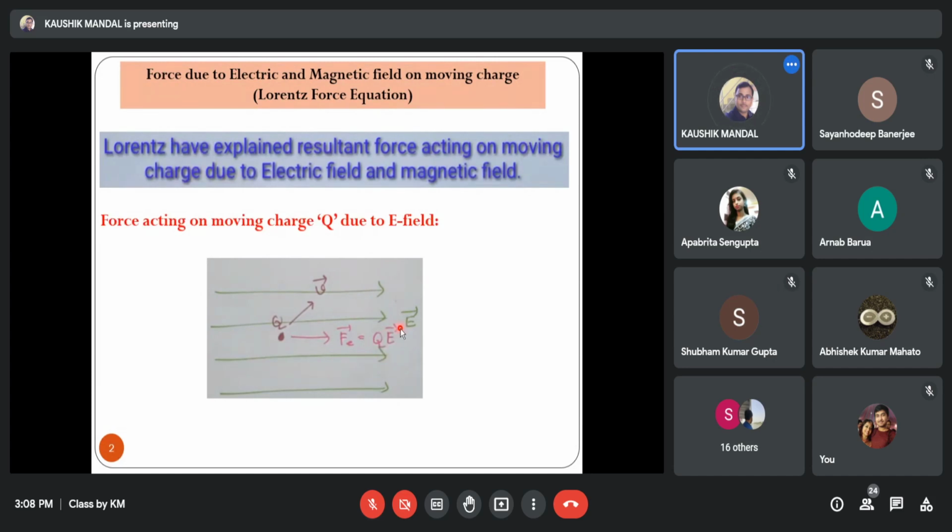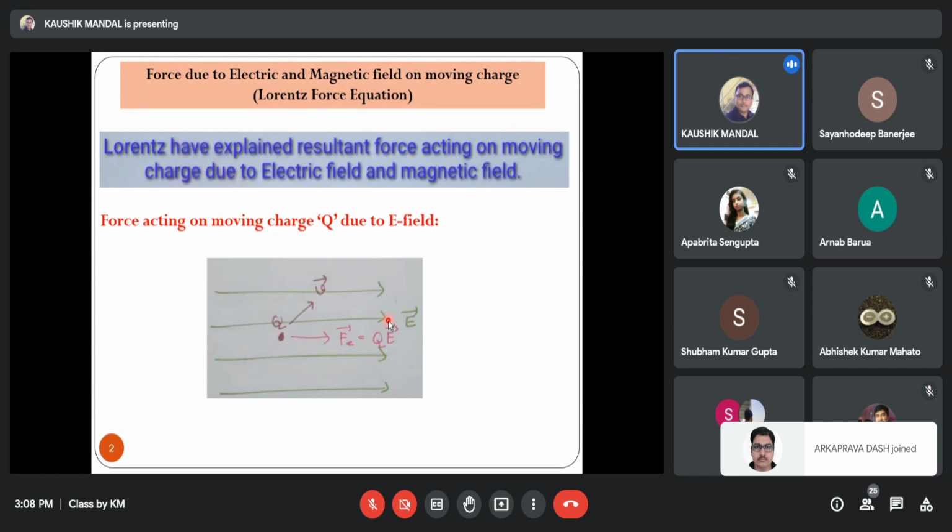As per the Lorentz force, the force on this moving charge due to the electric field will be equal to Q into E.